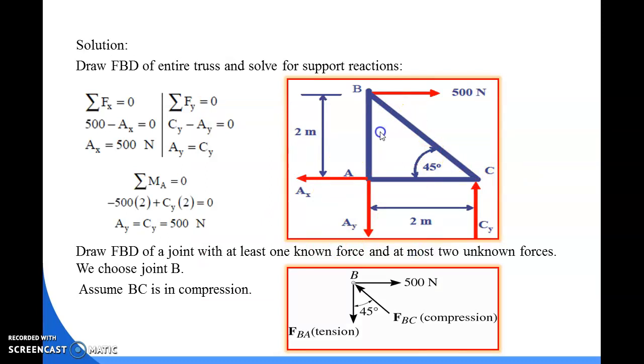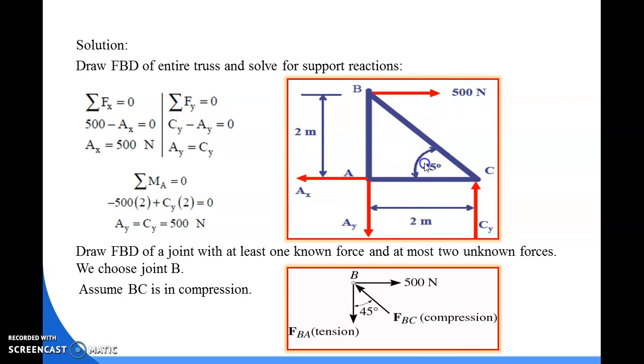First we need to do the external analysis of the truss, by which we can find the values of the reactions. The reactions are AX, AY and CY.